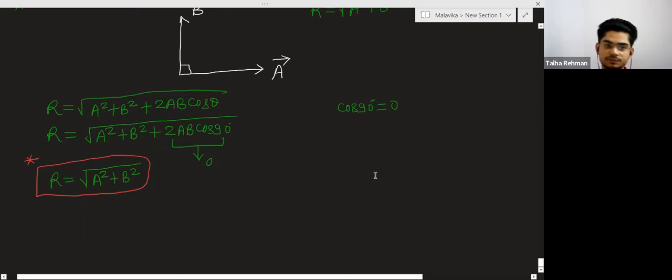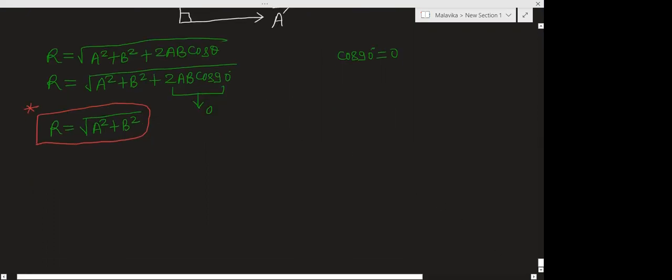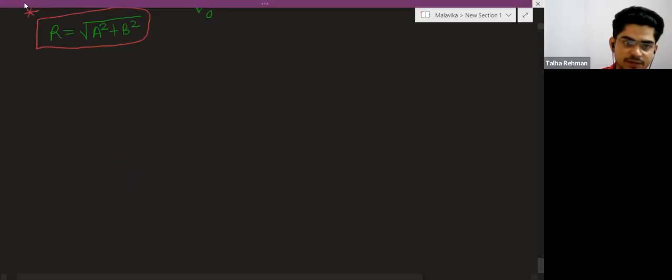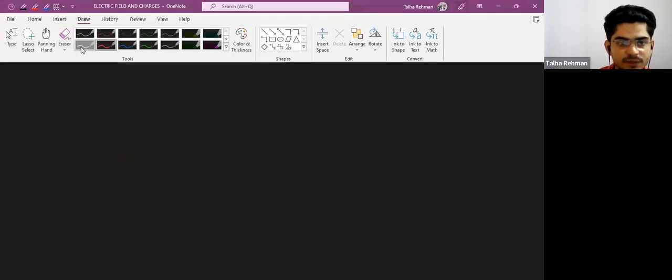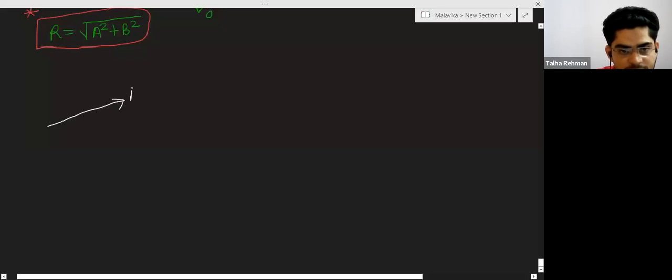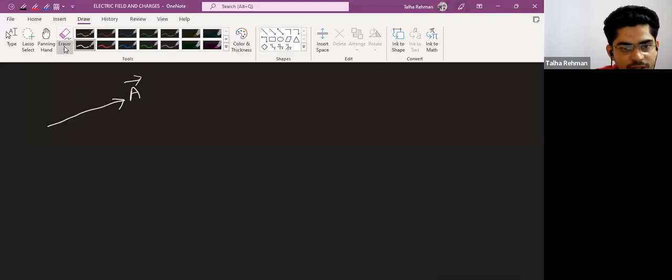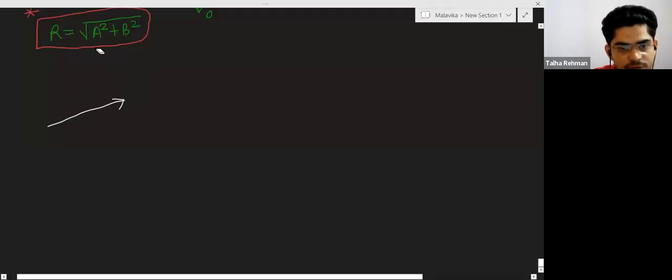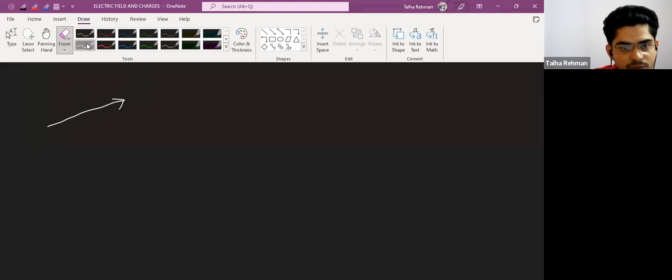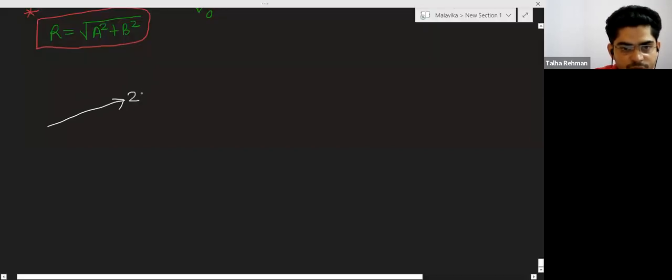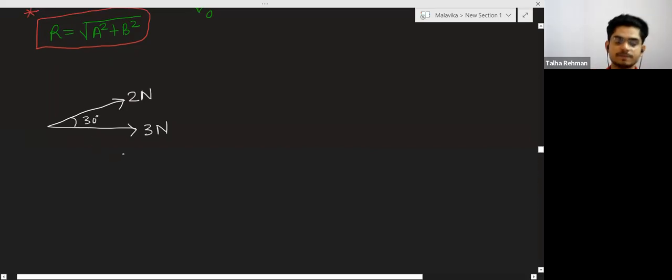Like there is a case, this is just an example. Here is a vector A. I am not taking A, I am taking a force. Here is a force of 2 Newton and here is a force of 3 Newton and the angle between them is 30 degree.